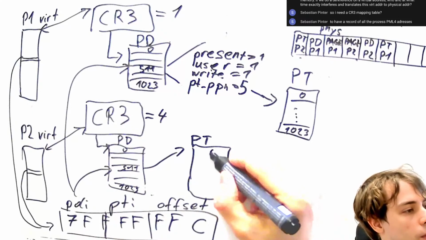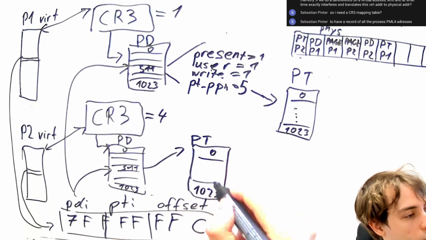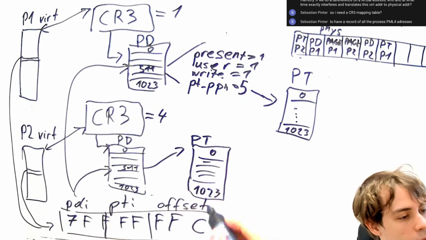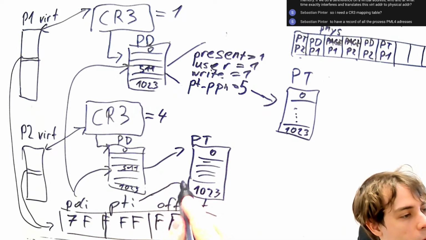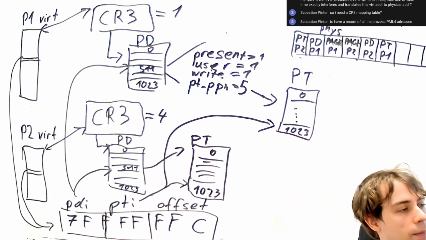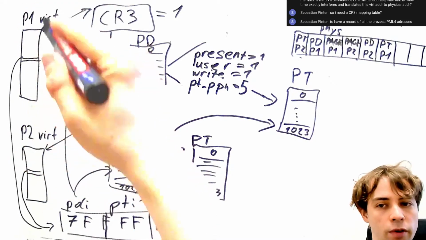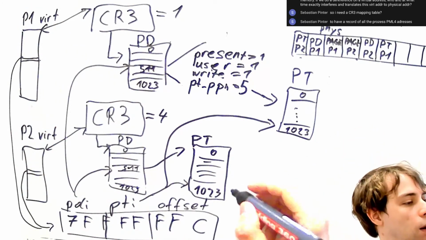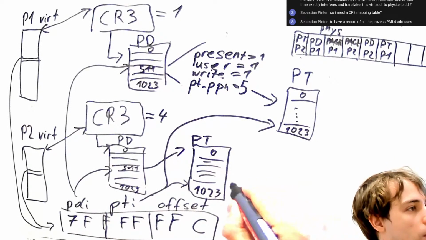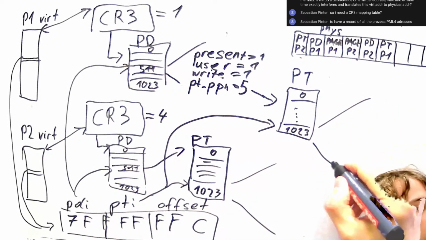Okay, 0, 1023. The page table index goes here, and also it goes here, right? Because we're translating the same address in 2 different processes. And this will now return different values again for the 2 processes because it's stack pages.